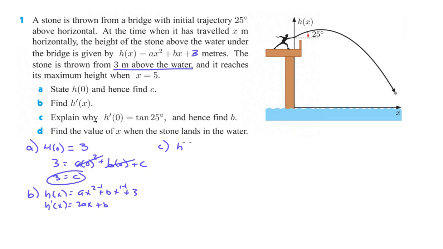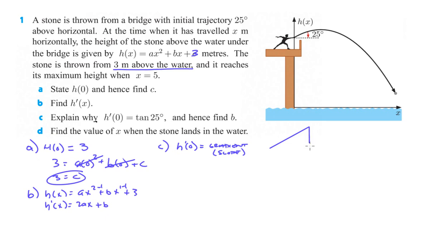So h prime of 0 is our, we call it gradient, otherwise known as slope, right? And if you look at this here, here's our triangle. Let's maybe redraw this here a little bit to make it make a little bit more sense.